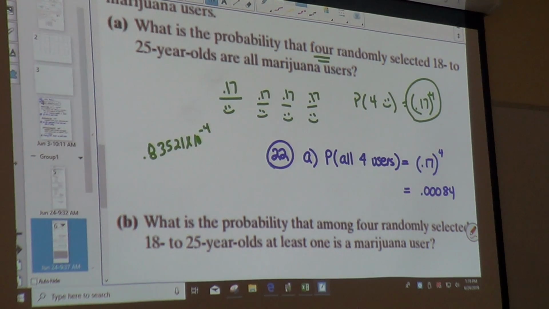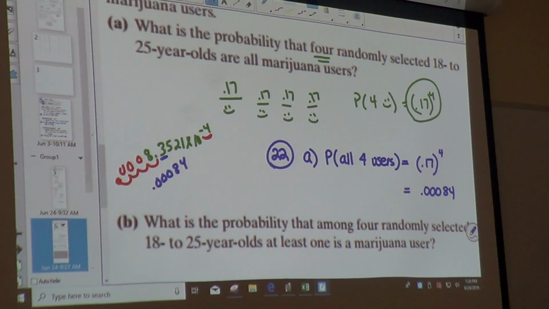No, it's 8.35. Oh, my bad. So the negative 4 means we're going to move the decimal 1, 2, 3, 4 places. 0, 0, 0, and they rounded it to the 5th decimal place, so they gave you 0.00084.